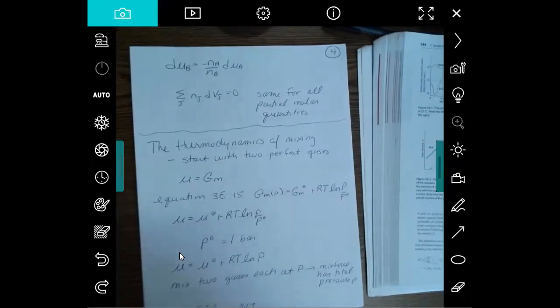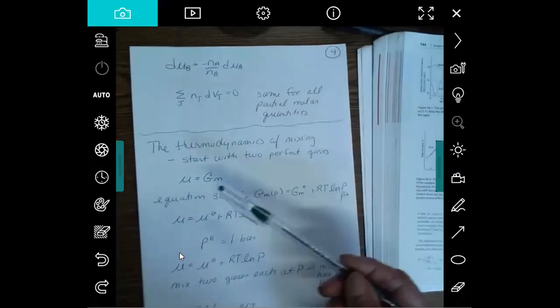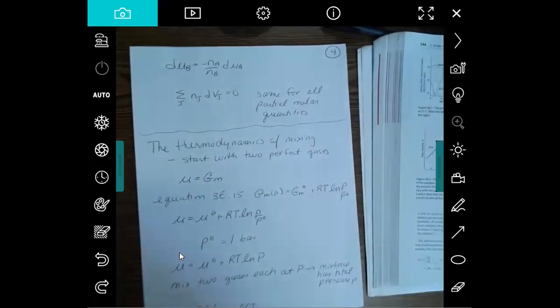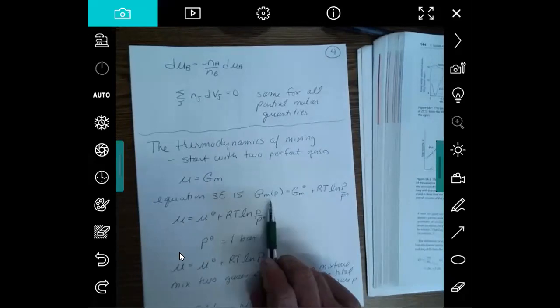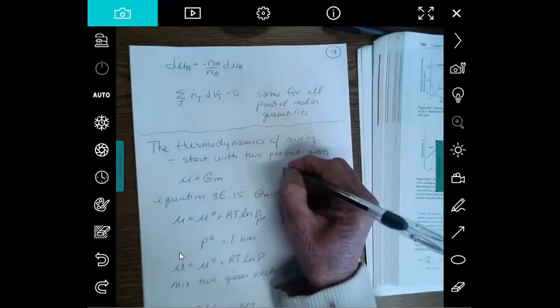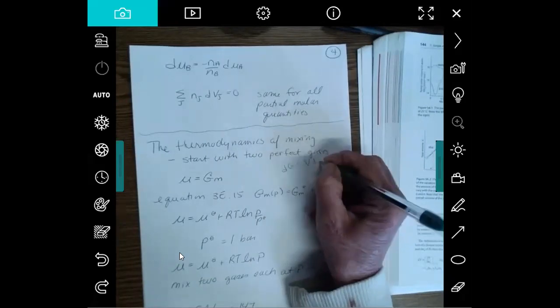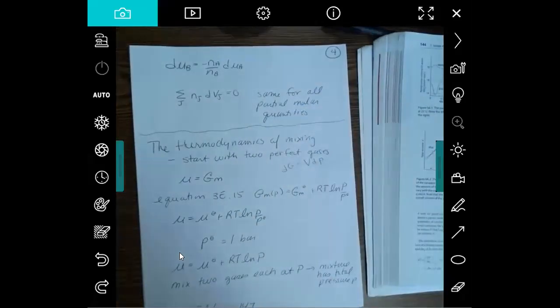So now we're going to mix. We've defined the chemical potential, and we're going to use that rather than a Gibbs free energy, and see what happens when we mix things. If we start out and mix 2 perfect gases, then the chemical potential is equal to the molar Gibbs free energy for each of those gases. And back in focus 3, we looked at the fact that the Gibbs free energy changes when pressure changes as a function of volume.